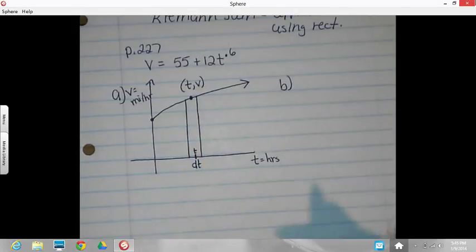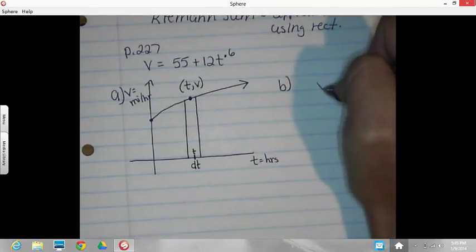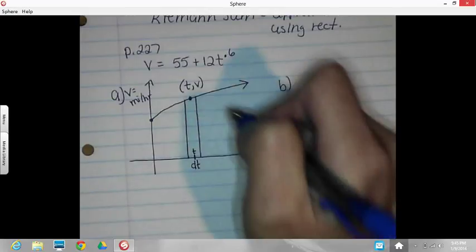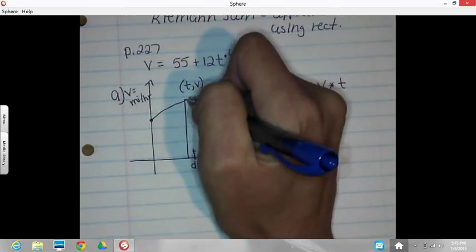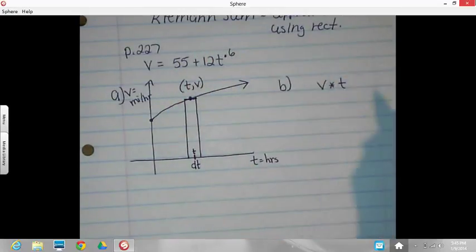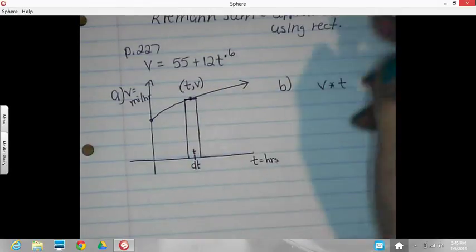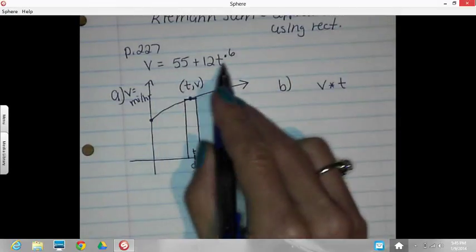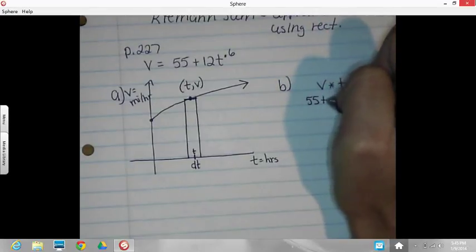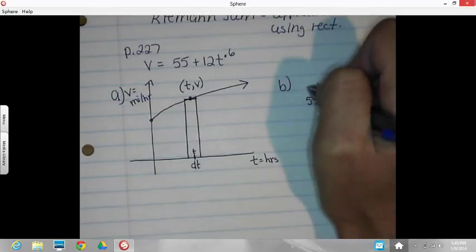So what we're actually doing is just multiplying velocity times time, or we're actually finding the area of this rectangle here. If I pretend that that's a rectangle, my velocity is this equation. So in place of velocity, I'm going to put what my velocity is. 55 plus 12t to the 0.6. That's my velocity.